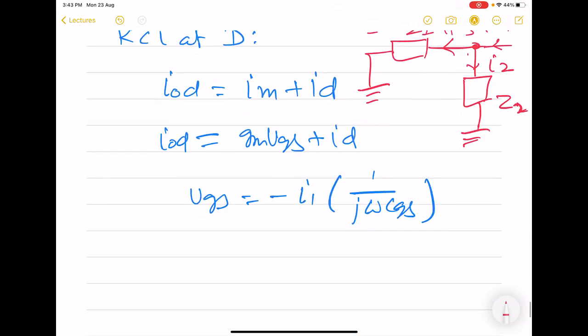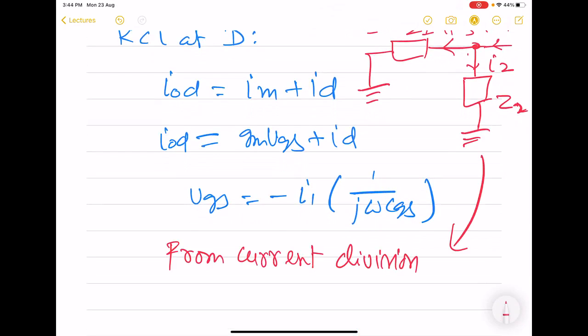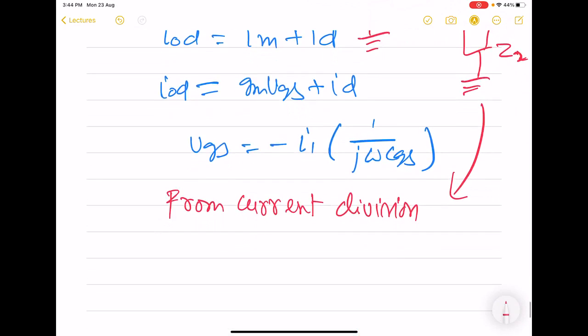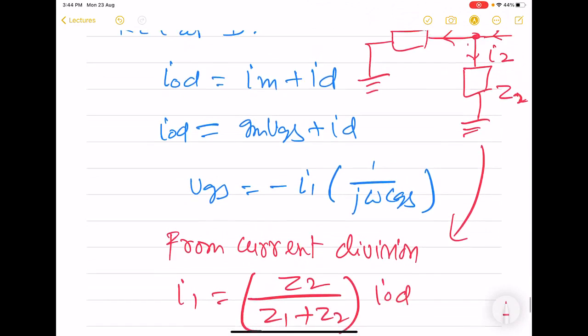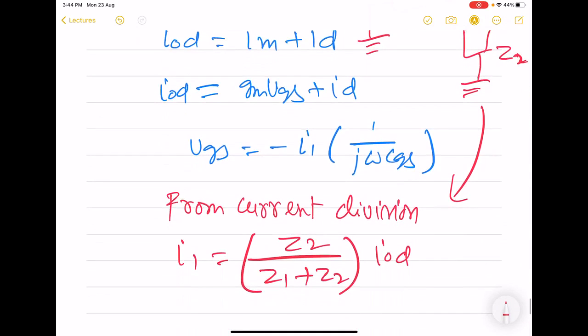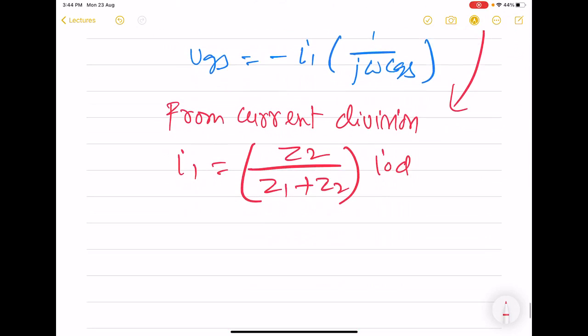So from current division for this circuit, we can write that I1 is equal to Z2 divided by Z1 plus Z2 into the total current, which is IOD. So this is how I1 can be written. Now let us substitute Z1 and Z2 and see what we get.